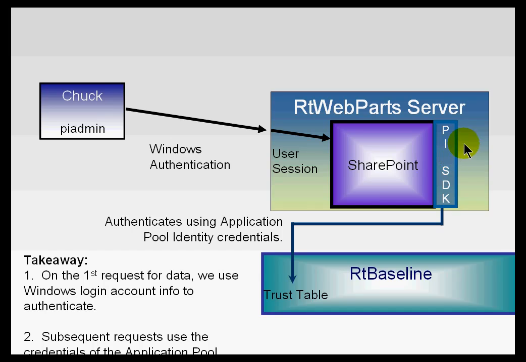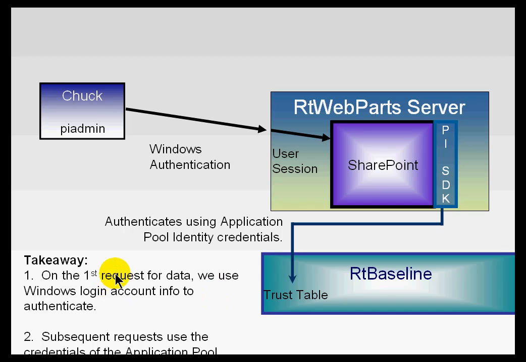That user connects to RT WebParts on SharePoint, and it's actually the application pool identity that, through the SDK, initiates a connection to the Pi server. Now the Pi server receives the Windows credentials and maps those to the trust table to hopefully resolve to a Pi user associated with that Windows user. Well, that Pi user needs read access to the tags in question.